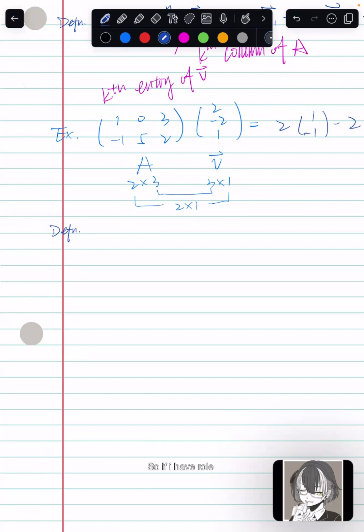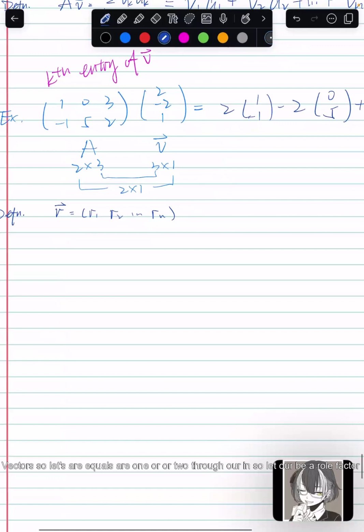So if I have row vectors, let R equal R1, R2 through Rn.